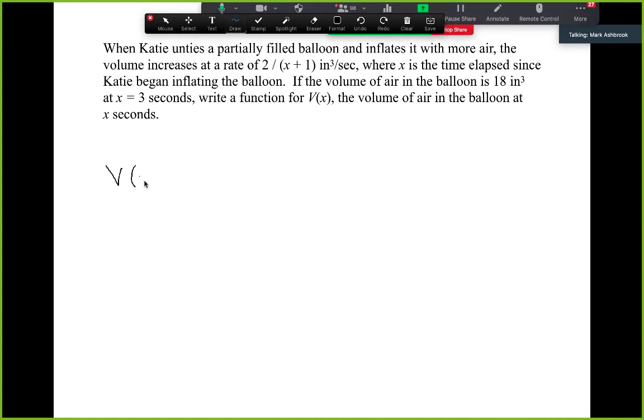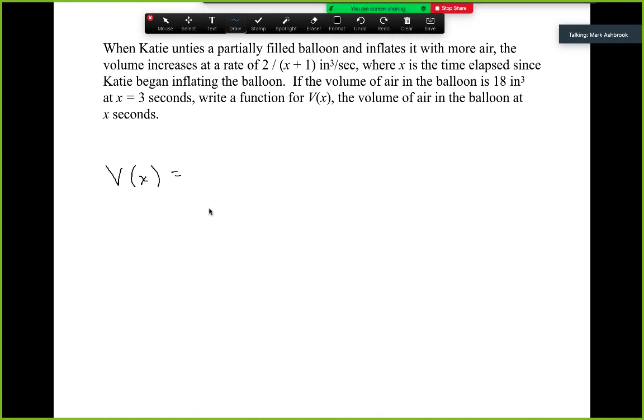So could you take what we've learned and write a volume accumulation function? So what is the volume accumulation function for this scenario?